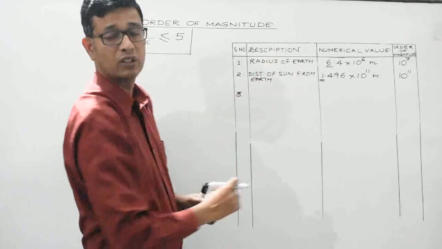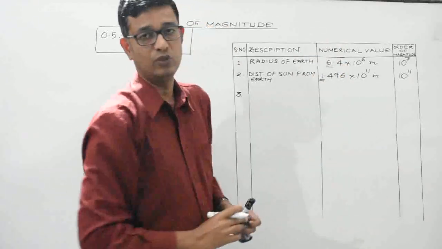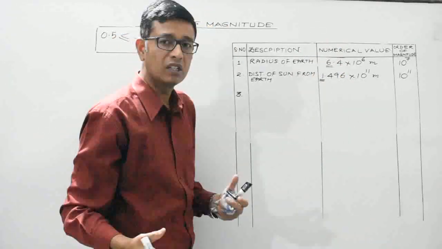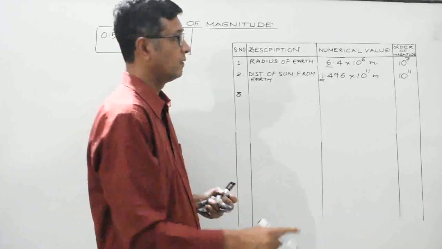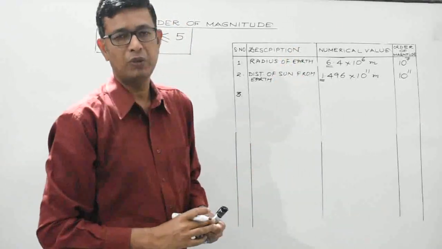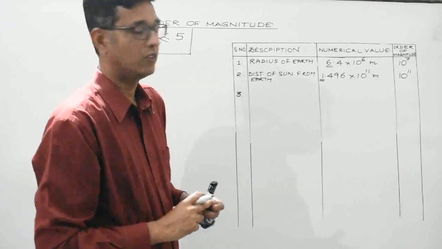And these are the values, students, I am mentioning because you need to remember these values. Even if it's not given in a numerical, even if it's not given in any question, still you need to remember these values. Being a science student, these are the values which we should be aware of, right?